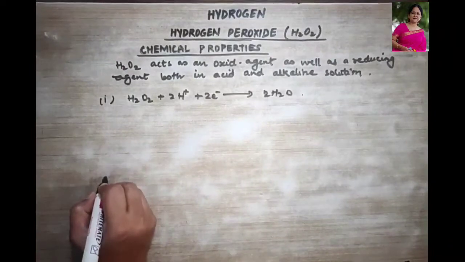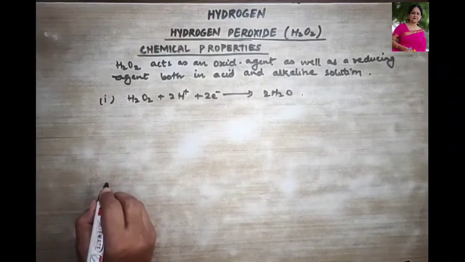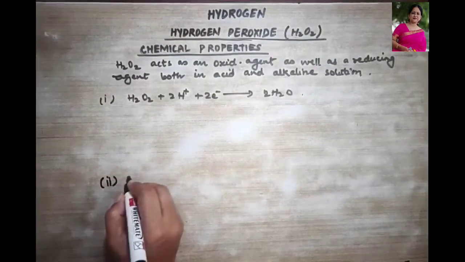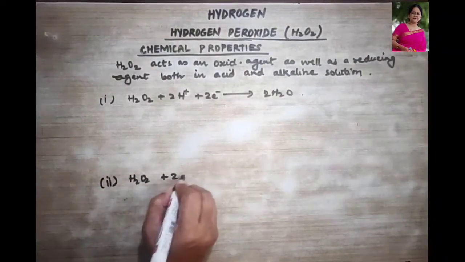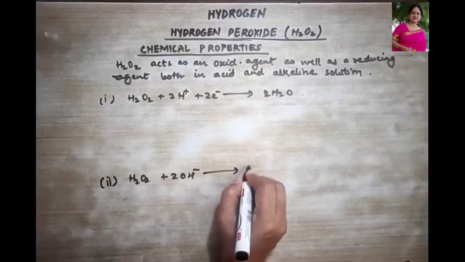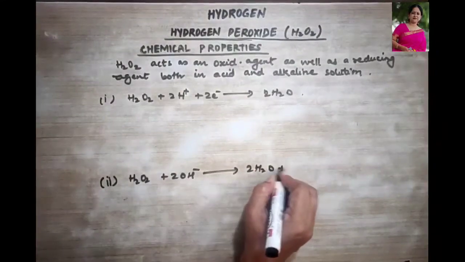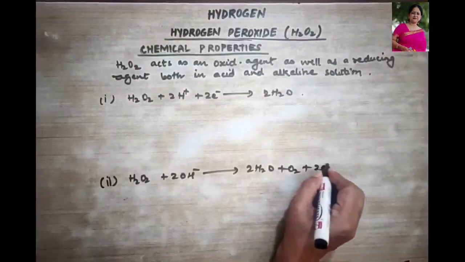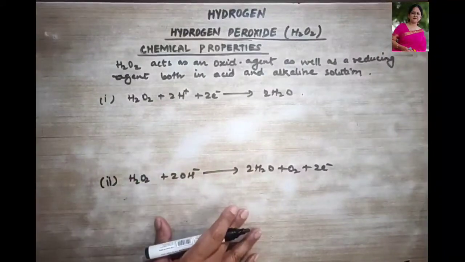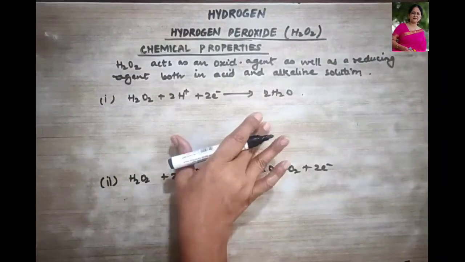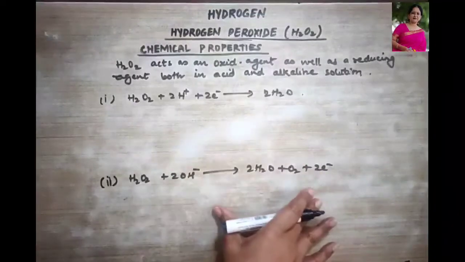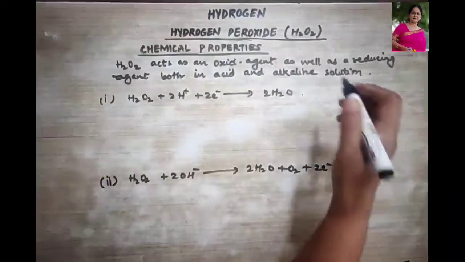This is one reaction, and the second reaction is H2O2 plus 2OH- is going to give 2H2O plus O2 plus 2 electrons. So here I am going to show you how it shows an oxidizing property, and here how it shows the reducing property.